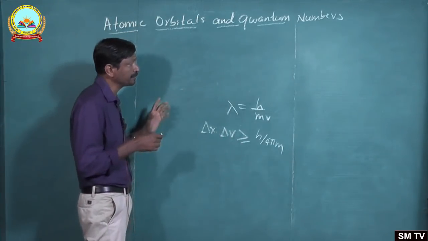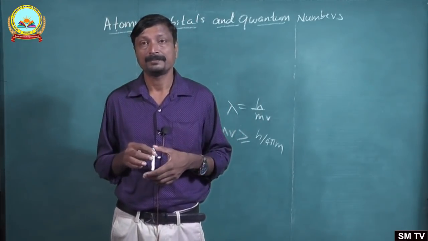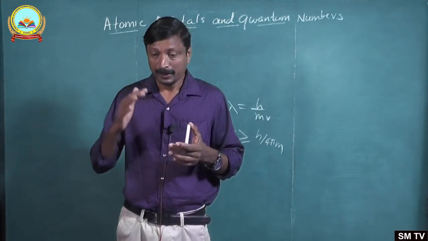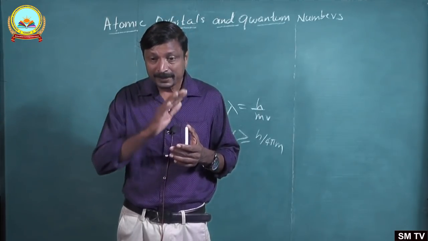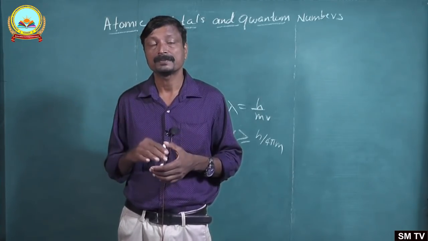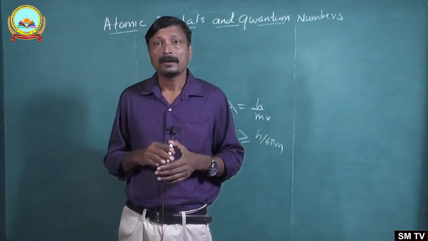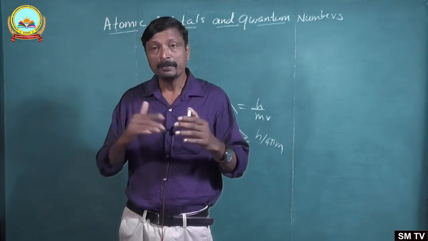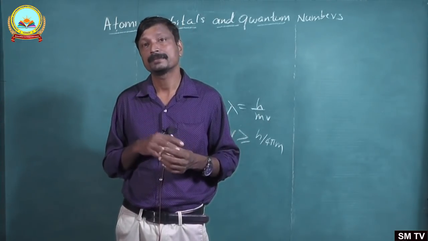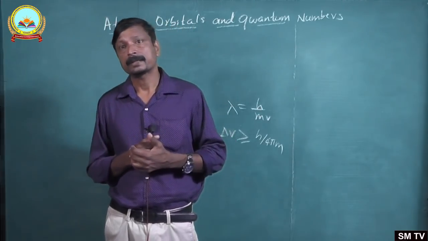This Schrödinger equation is solved for the hydrogen atom. The solution shows the presence of various energy levels and their wave functions, which are characterized by three quantum numbers. That we discussed in my last class.